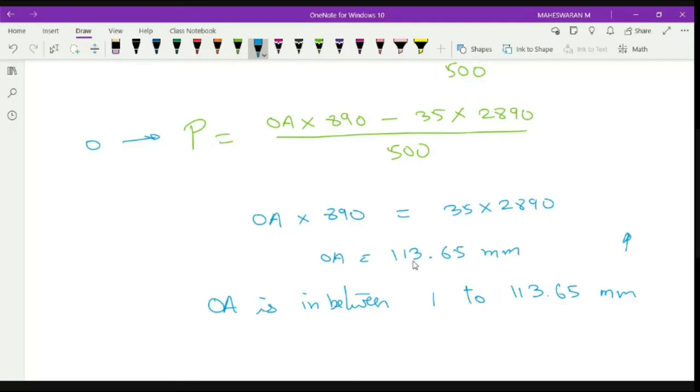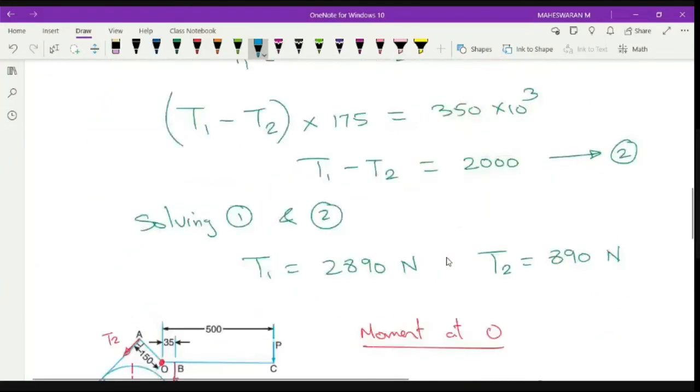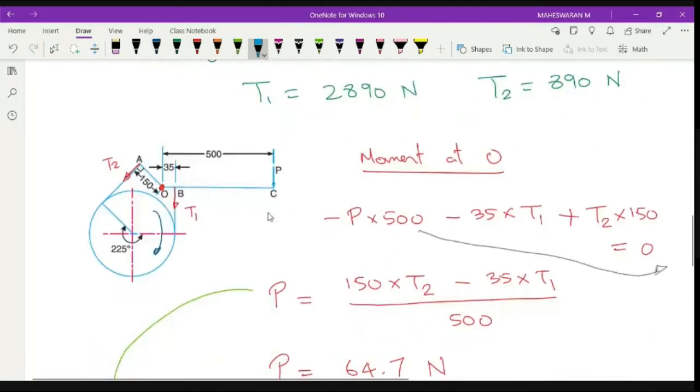So for self-locking, the value of OA should be from 1, not 0. What happens if it is 0? It will be a simple band brake, what we discussed last class. For a simple band brake, there is no self-locking, so it is not applicable, because this tension will be 0.